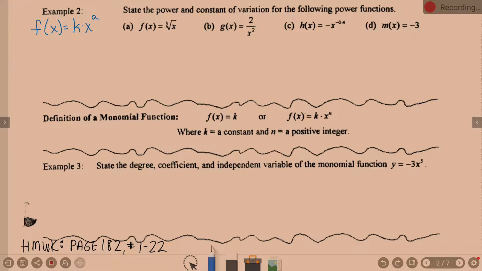F of x equals k times x to the a, where the only restrictions are k and a are non-zero constants. So, as we look at example A, I want to know a power and a constant of variation. And this is f of x equals the cube root of x.